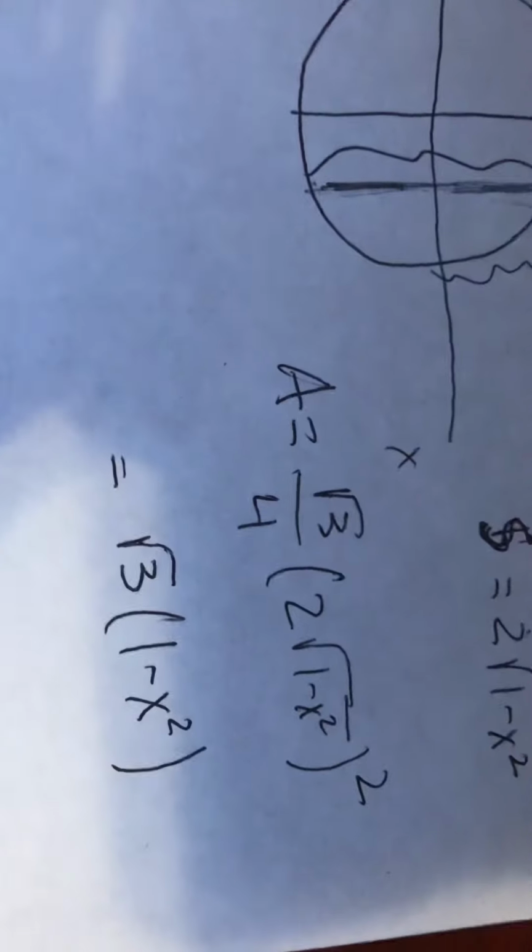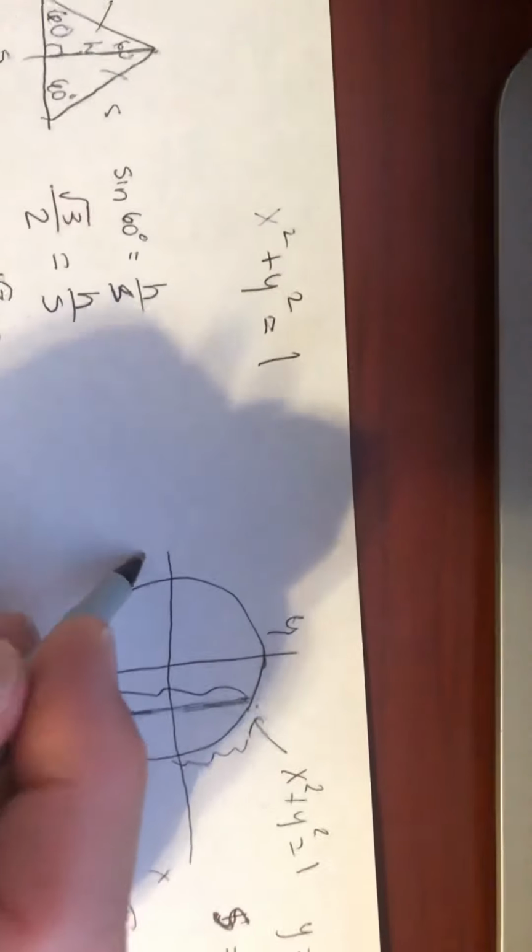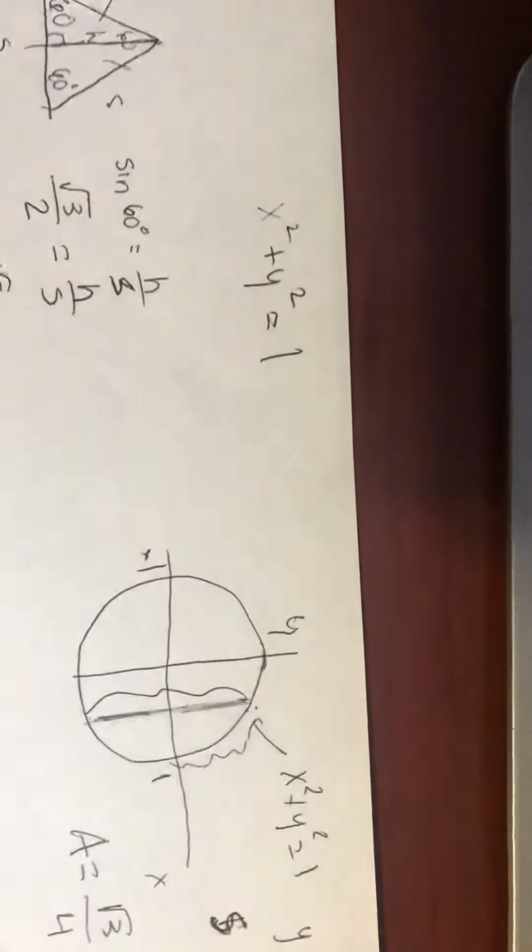That is the area of each of my triangles. Now to find the volume, I'm integrating this from -1 to 1.